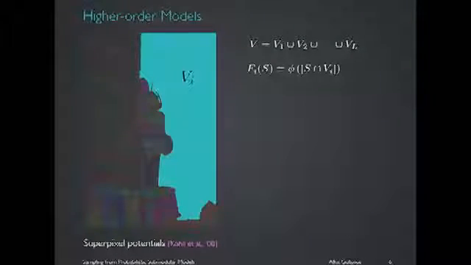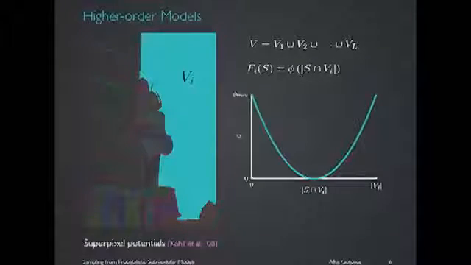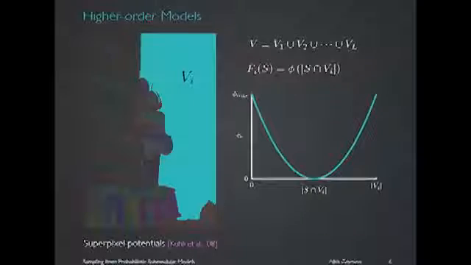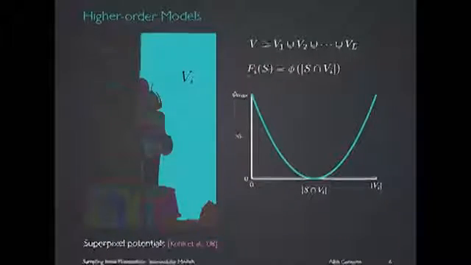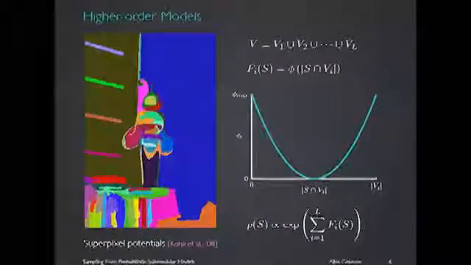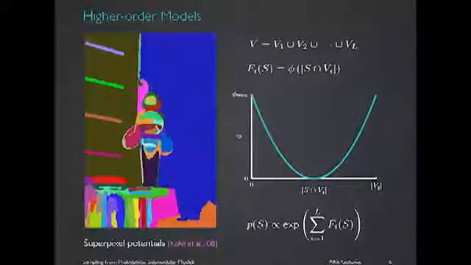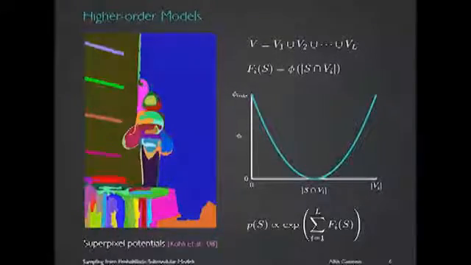You first acquire these colored regions, the superpixels, and if you look at one of them, you can define a higher order potential, phi, and if you use as phi, say, a convex function, what this encodes is the tendency of all pixels in the superpixel to be assigned the same label. If all are foreground or all are background, you get a value of phi max, otherwise you get a much lower value. Using this, you can define a new distribution, which is proportional to e to the sum of all these superpixel potentials.